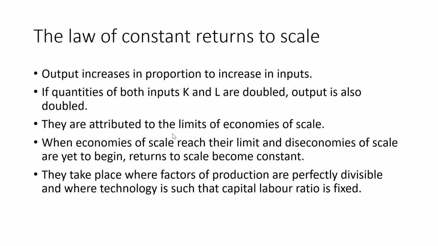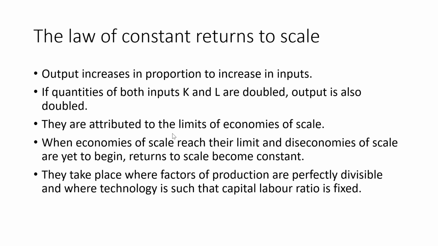The constant returns to scale is attributed to the limits of the economies of scale. With the expansion of the scale of production, economies arise from such factors as indivisibility of fixed factors, greater possibility of specialization of capital and labor, and the use of more efficient techniques of production. But these have a limit.